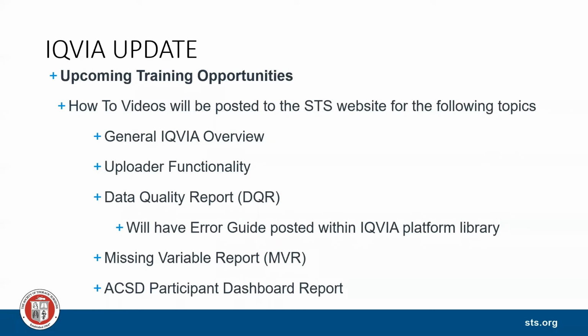We want to make sure that you have enough information available within the platform and also on the STS website. We'll also have a video that will go over the missing variable report and also the adult cardiac participant dashboard report. We will make sure that all of that information is available for reference. Okay, next slide.